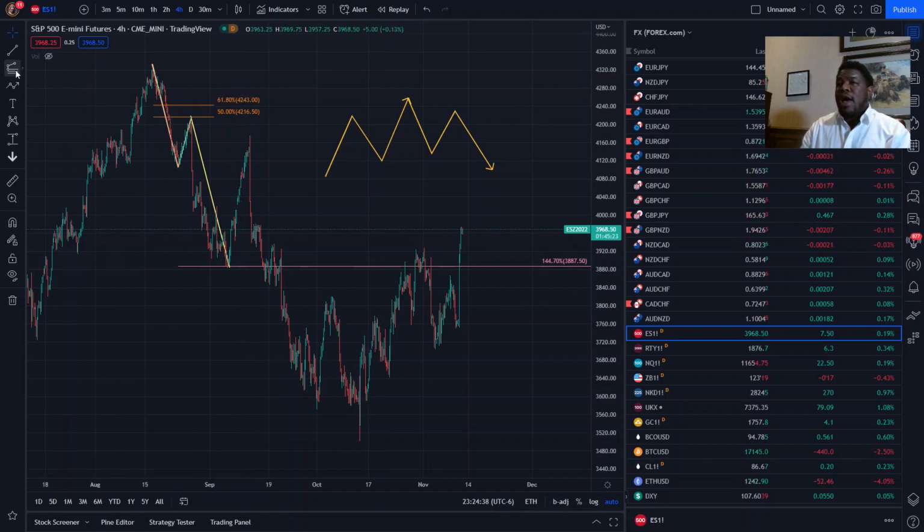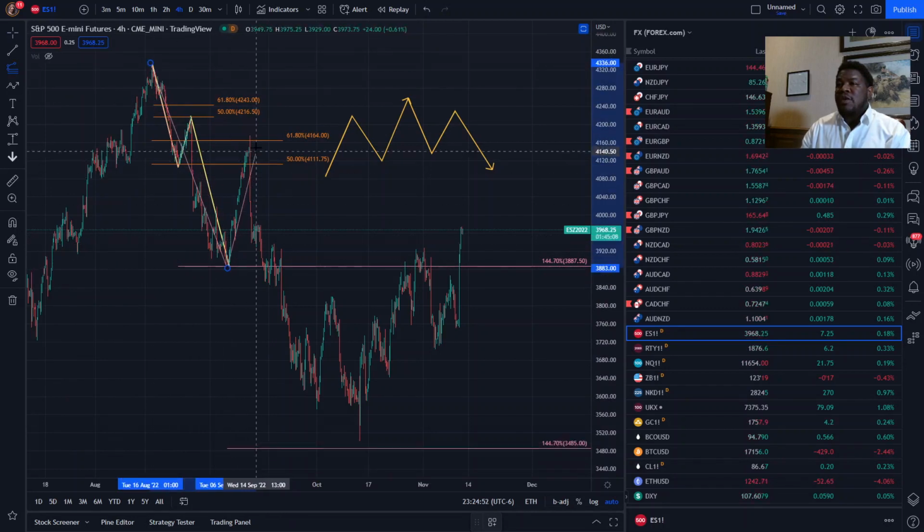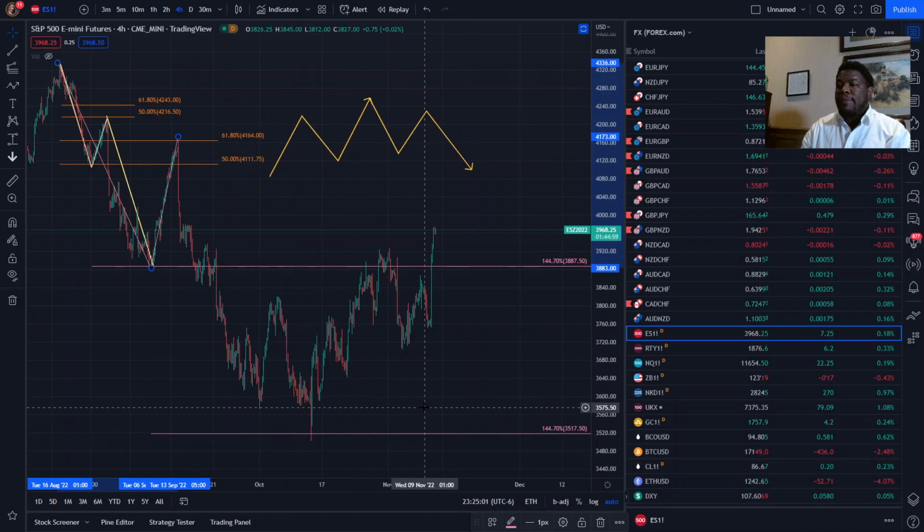So I can continue to do and show these relationships between different parts of the market over and over again here, such that there's a repetition that forms up. Like you see at the bottom of the screen, notice there was 144.7 here, and there's also one down here.